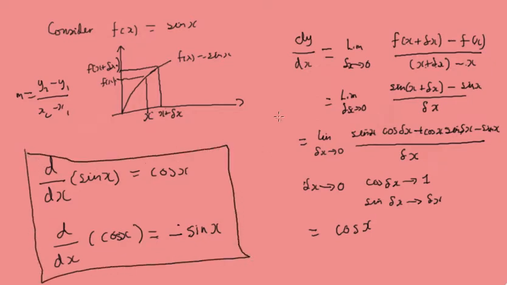Now for the tangent, that's going to be a wee bit different. So we've got d by dx of tan x.